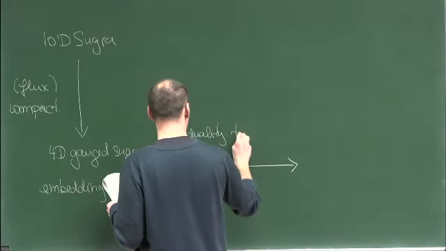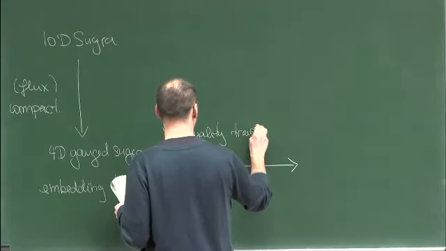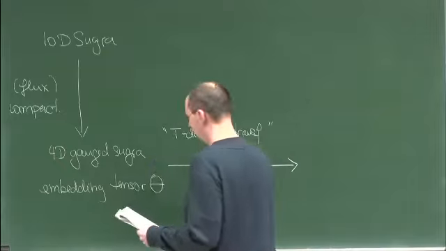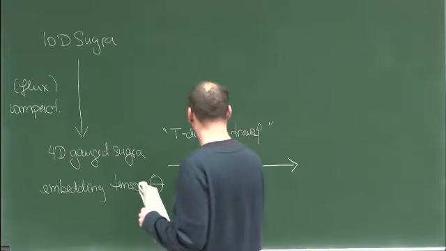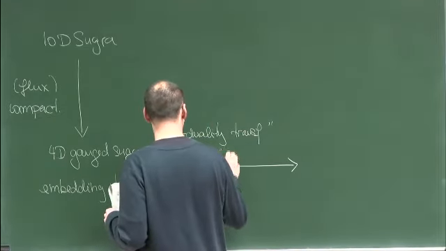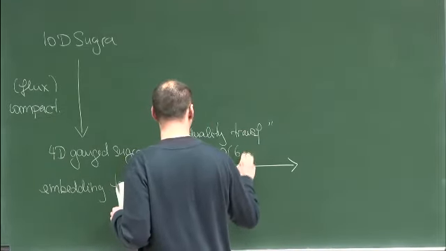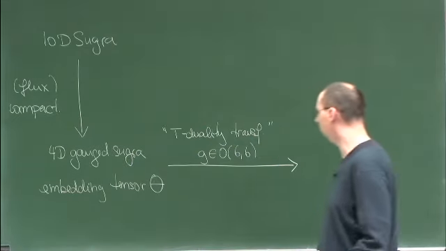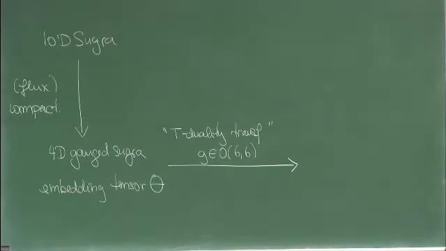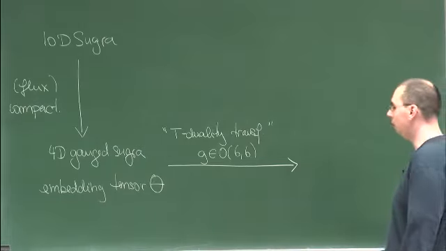I put it in quotation marks because in this context maybe it's not really a T-duality. So let's say take a group element in O(6,6). We know the T-duality group is usually O(d,d), and this is typically part of the duality group.